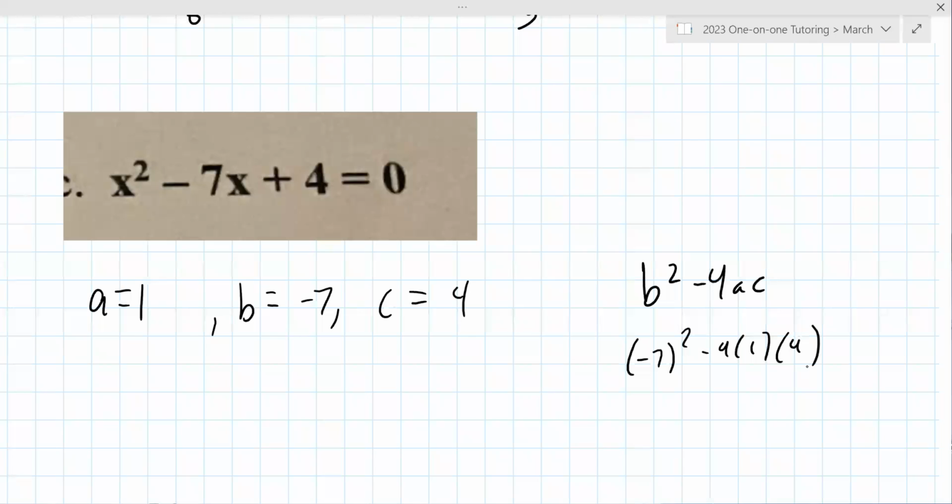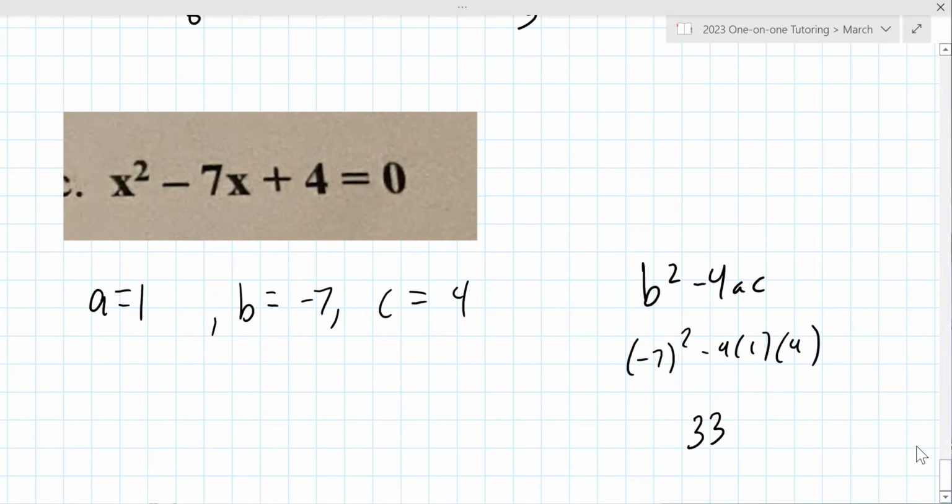That'd be 33. Okay. And notice it's positive 33. If you don't put the -7 in parentheses and square it, you get a negative number. You have to put the number in parentheses when you substitute it.